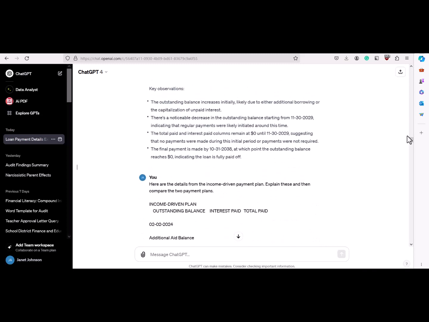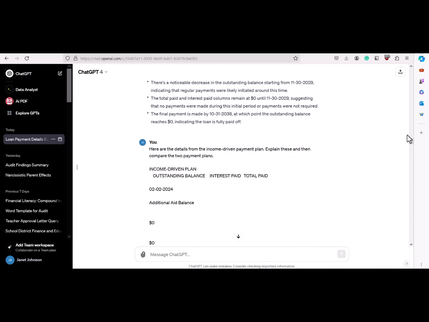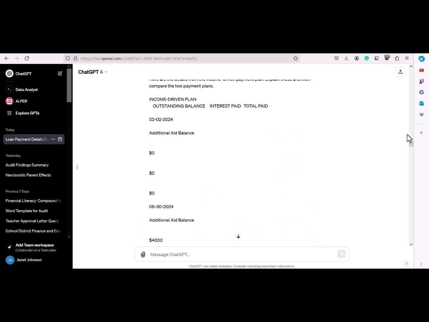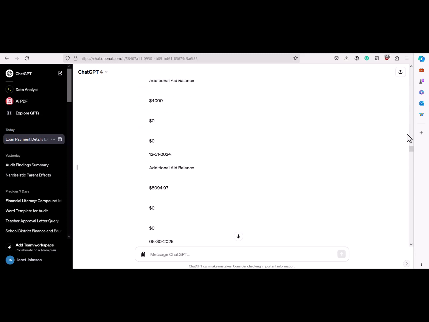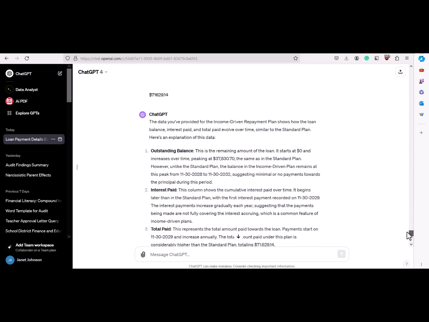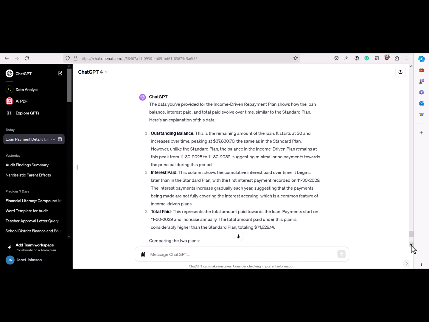And then I put in the income-based repayment plan, the income-driven plan they call it, and I asked it to compare the two. So if you don't like doing math yourself, or if you run into something that's going to take too long to figure out, like this was going to take too long for me, use ChatGPT.